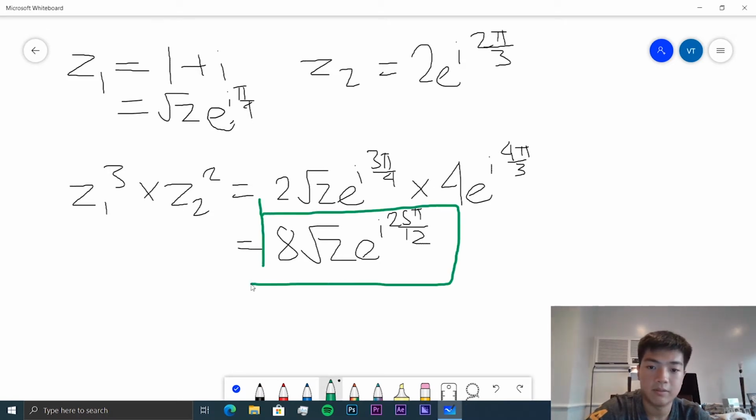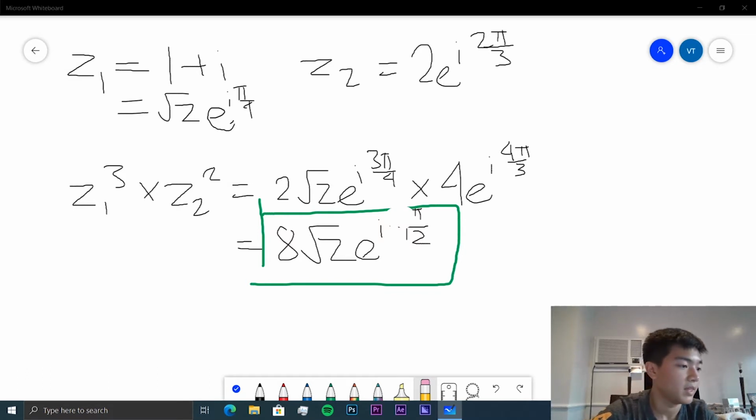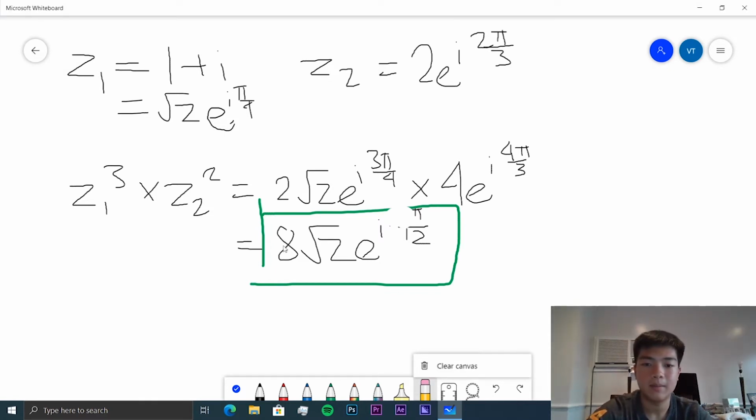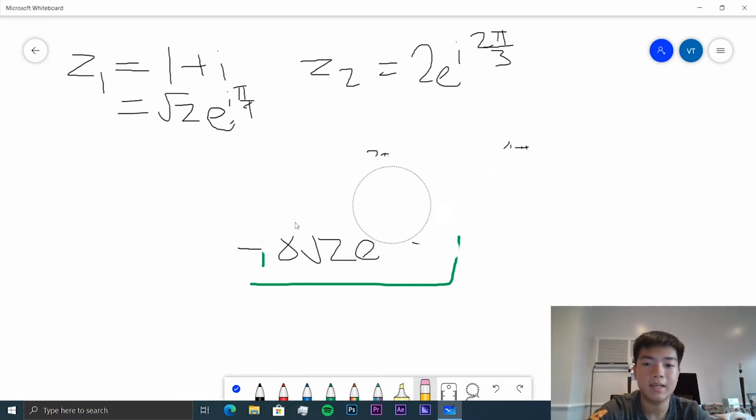That is also equivalent to pi over 12. Notice that if we square complex numbers, they just rotate around the origin. Okay, so that was that.